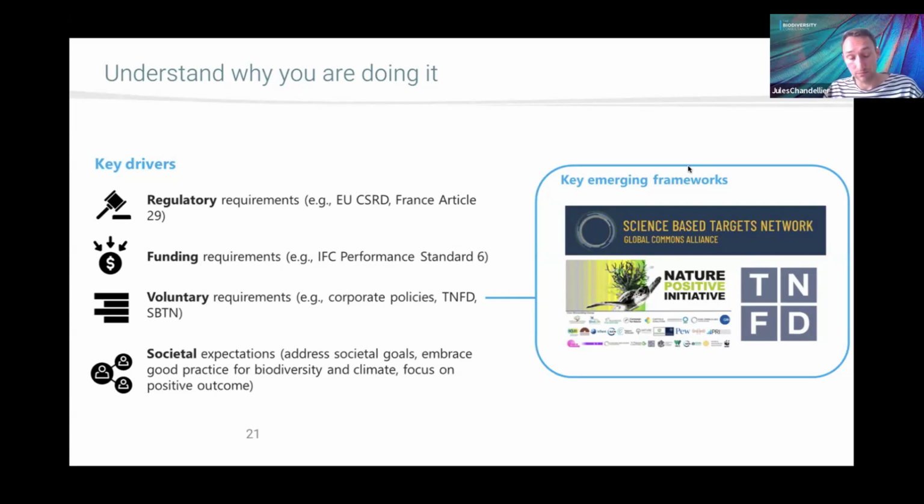That pushes companies to embrace good practice for biodiversity and climate, and to not focus only on reducing the negative side, but also on how a company can bring some positive outcome to biodiversity. So, next slide, please.